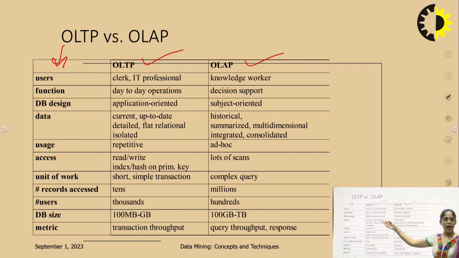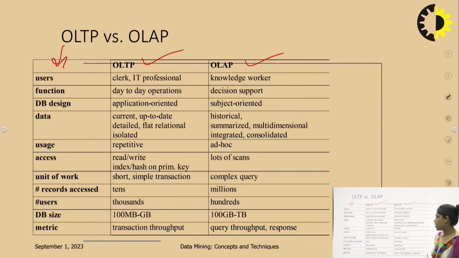Database design is application oriented, while here it is subject oriented. Data is current, up-to-date, detailed, flat, relational, isolated. And here it is historical, summarized, multidimensional, integrated, and it is repetitive versus ad hoc. Access is read and write, indexed by hash or primary key, versus lots of scans.